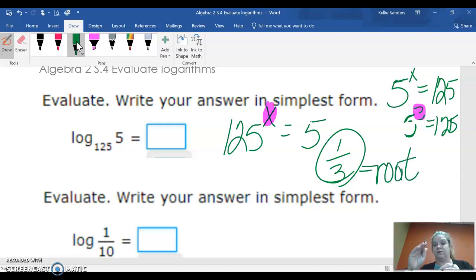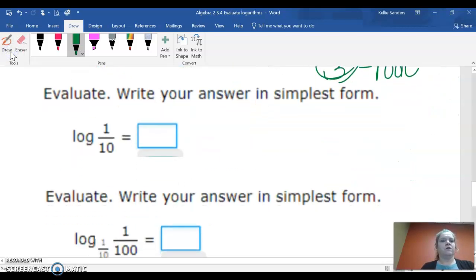Because remember, if you have 1 on top, then your bottom is your root. And so the cube root of 125 is 5 because 5 times 5 times 5 is 125. So if it gets bigger, from a bigger base to a smaller base, chances are it's going to be a fraction like that.